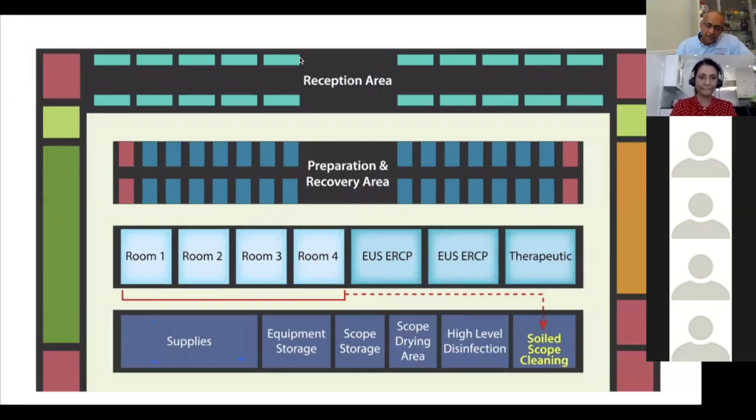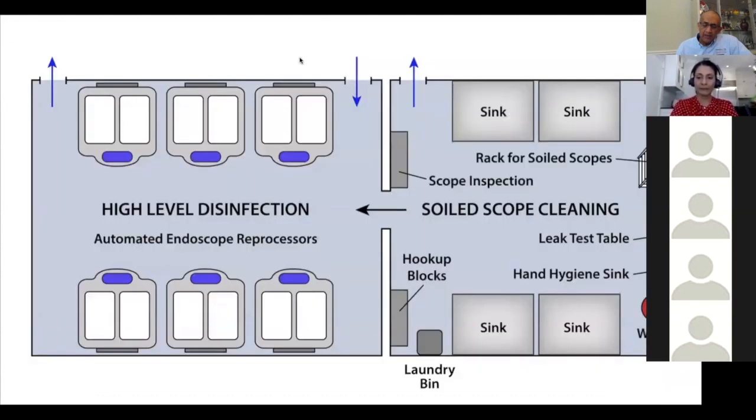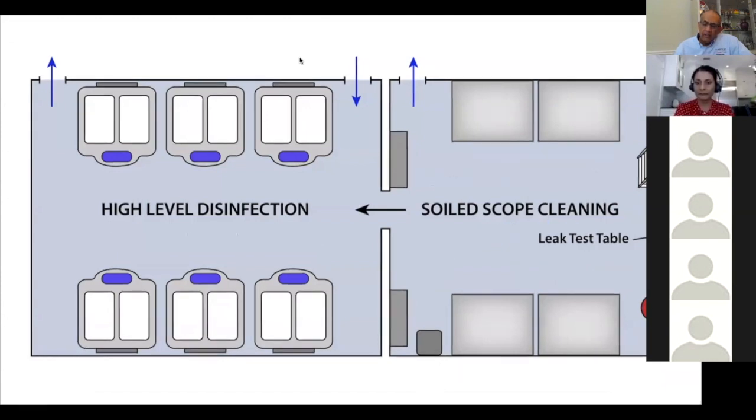So what happens? Once the scope is done, it comes into the soiled scope cleaning area where the scope gets cleaned. We go into the details, and this is what happens. Once the scope comes into the soiled scope cleaning area, the first thing that happens is a leak test.